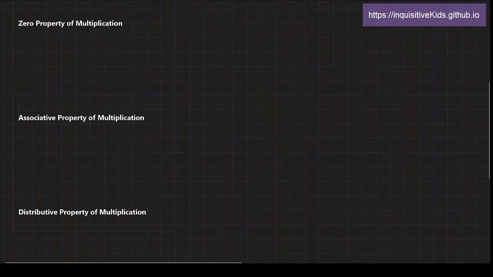Now we have the zero property of multiplication. This is kind of like the identity property, or maybe it's kind of the opposite. I'm not sure how you can say it. So the zero property of multiplication says that any number, this time represented by y, times 0 will always equal 0.